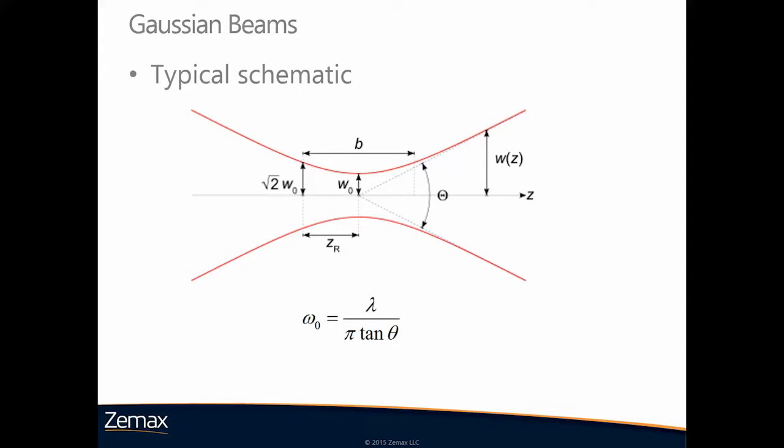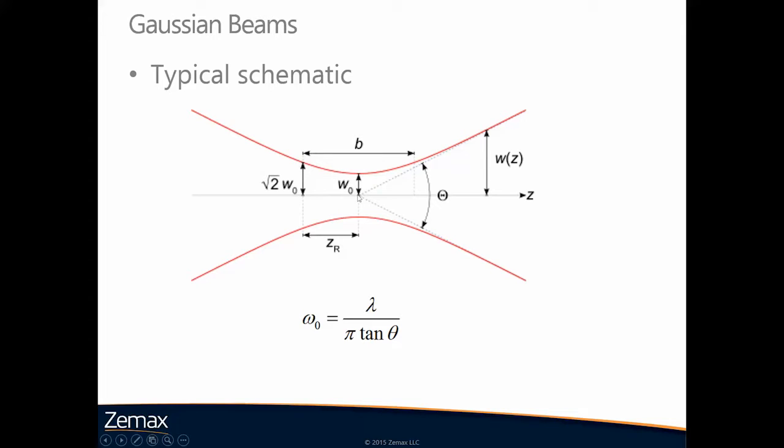The next concept is the Rayleigh range. The Rayleigh range is the distance over which the beam size has increased by √2 times the beam waist, or about 1.4 times the beam waist. You'll see that inside that Rayleigh range, the beam size is not a simple straight line.